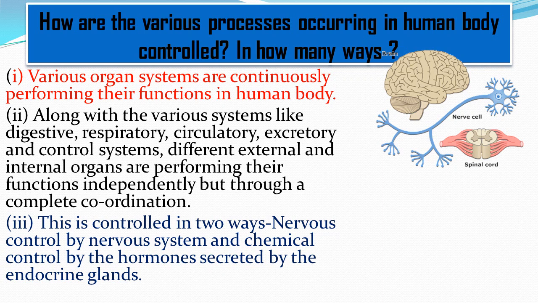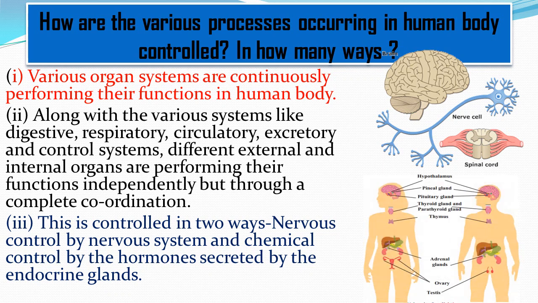First is nervous control by the nervous system, and second is chemical control by the hormones secreted by the endocrine glands. Alongside you can observe the nervous system, which includes the brain, nerve cells, and spinal cord. The second is the hormonal system, where chemical control is done by the endocrine glands. Endocrine glands secrete hormones, like you can observe in the diagram alongside: hypothalamus, pineal gland, pituitary gland.